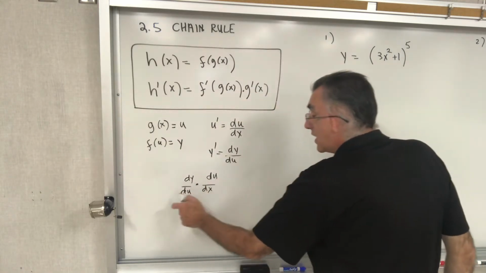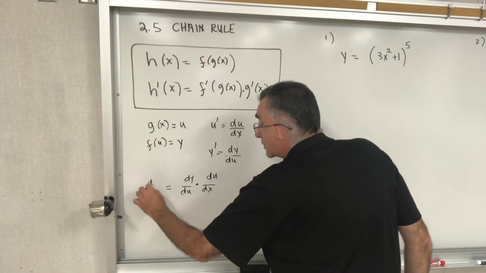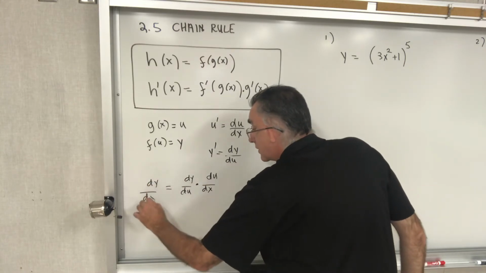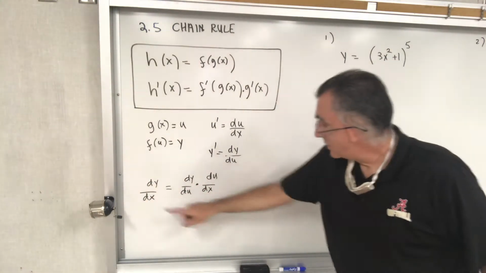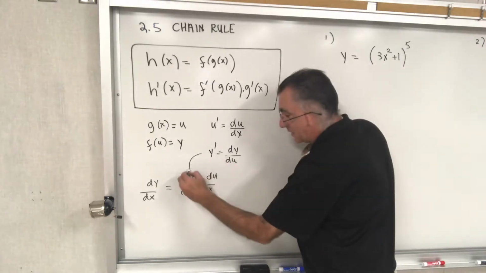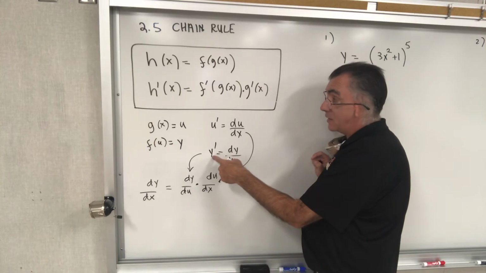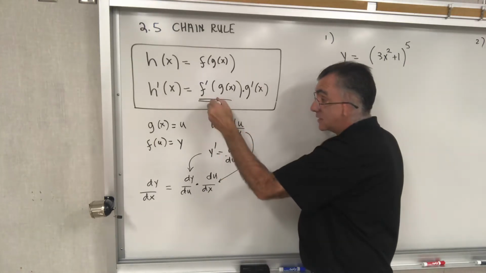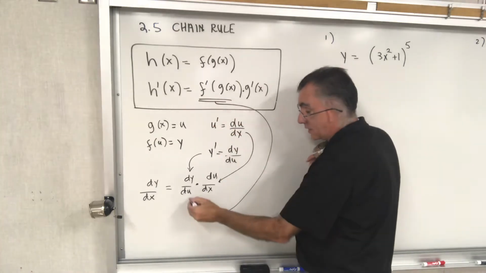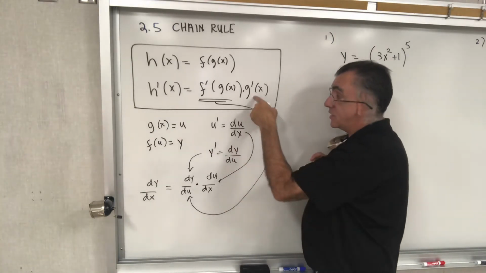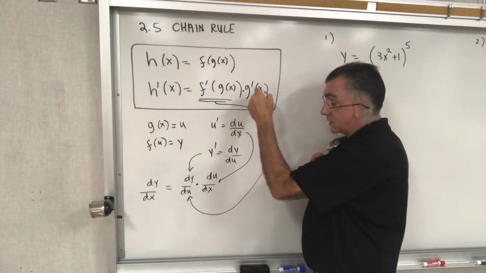Notice the du's are going to cancel, and notice you get your normal derivative that we want. So when I substitute that in here, and why did I do that? Y prime is just this, isn't it? And the g prime is just this one, isn't it?